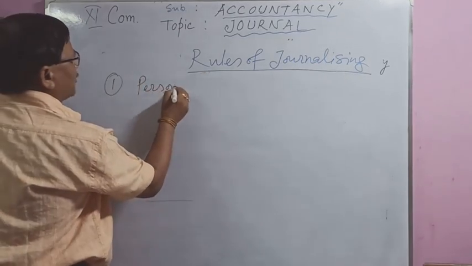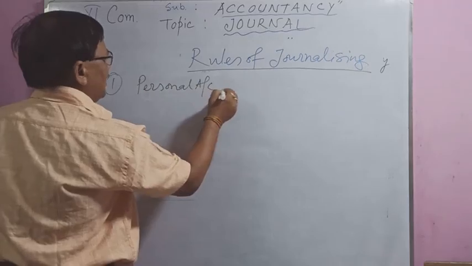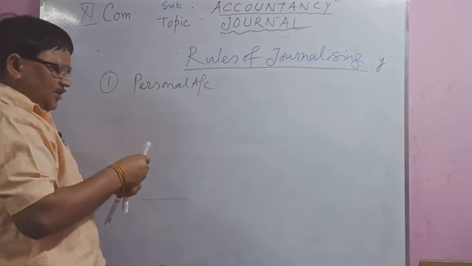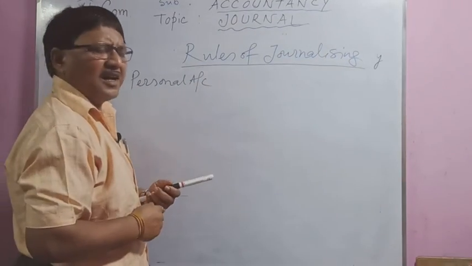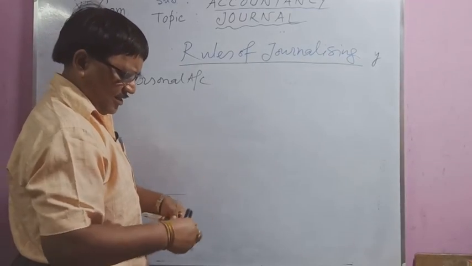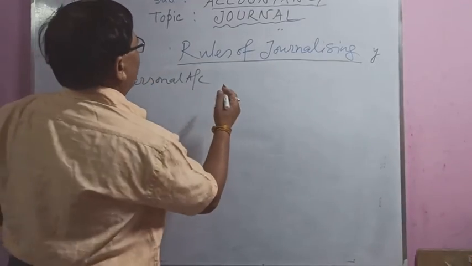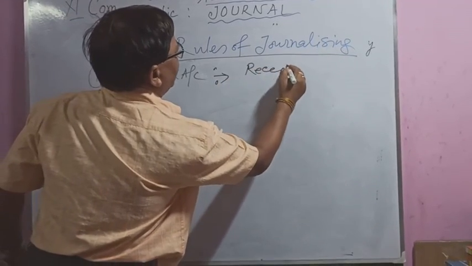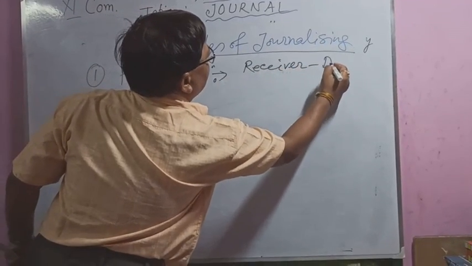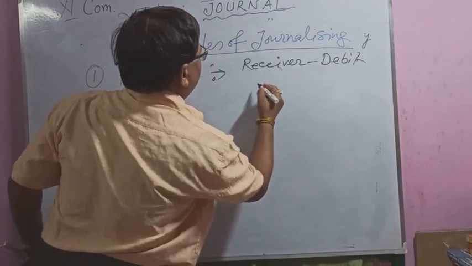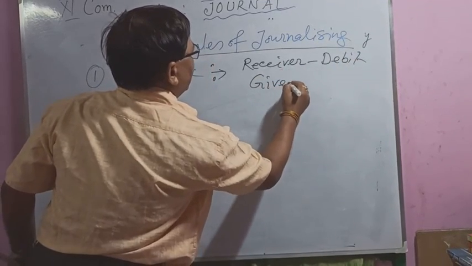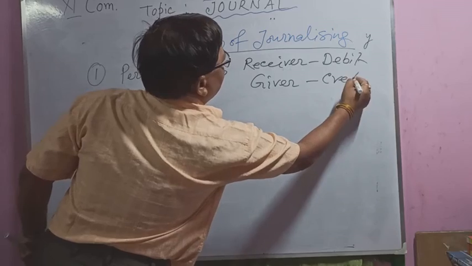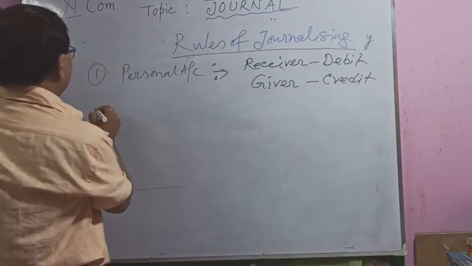First, personal account. There are three types of personal account, discussed in detail in earlier classes. For personal account, the golden rule is: receiver at the debit, and giver at the credit.